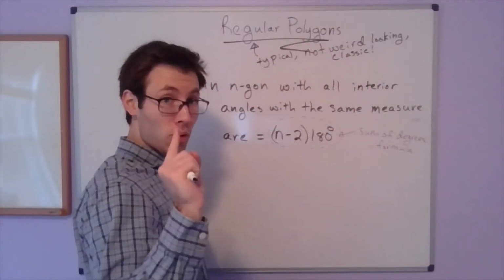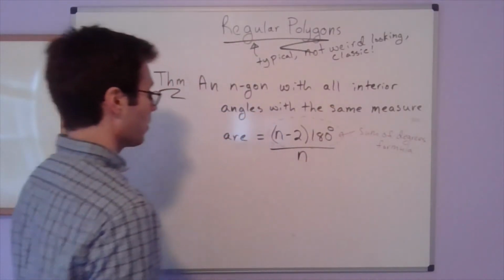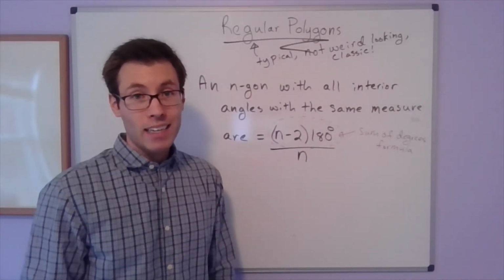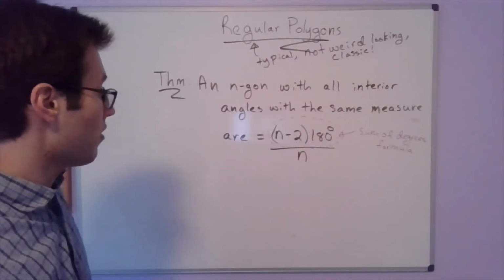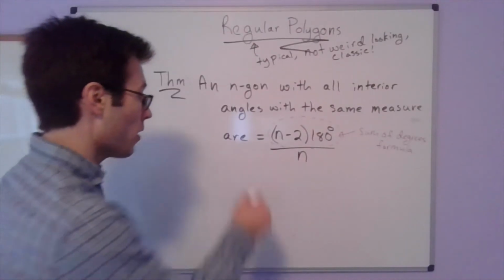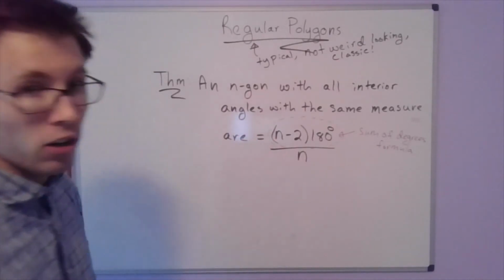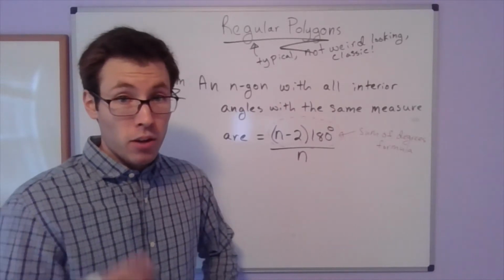In this case n is 3, so we divide by n. In fact, that holds true for any n-gon where all of the interior angles have the same measure. So that's the formula for finding the interior angle of a regular polygon.